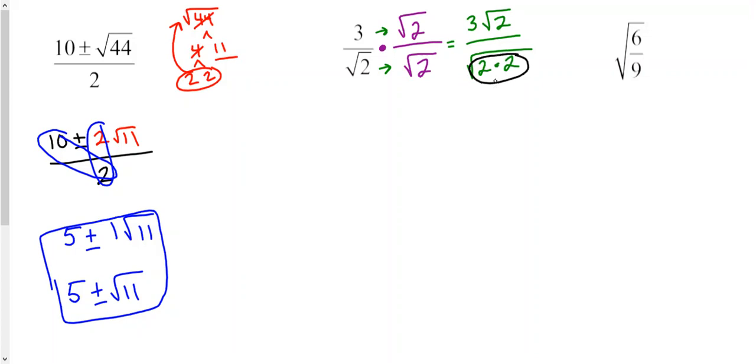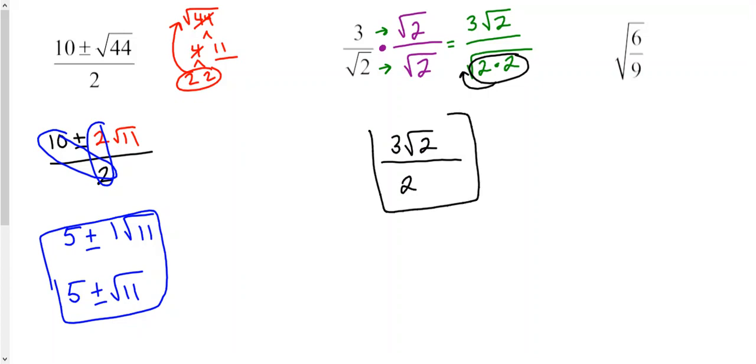So we have 2 2's here. They're going to go to the outside. So now on the bottom of my new fraction, I have a 2 on the outside, and I have nothing left. So this just turns into 2. And then on the top, we have 3 times the square root of 2. 3 cannot be divided by 2, so that is our answer.